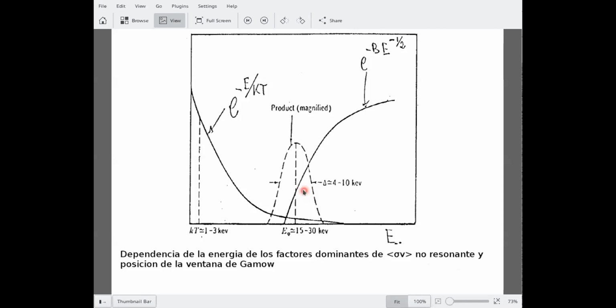Just in 1 gram of hydrogen, you have 10 to the 33 particles. So even in 1 year, you have 10 to the 13 reactions. So you can understand that you have enough particles to have enough reactions to produce the energy you need.